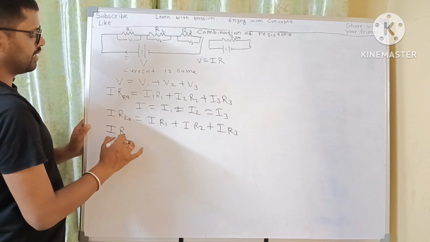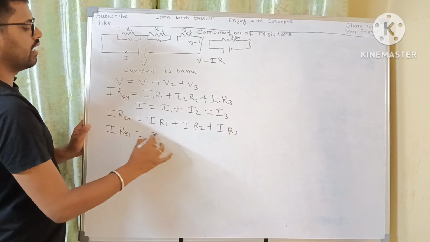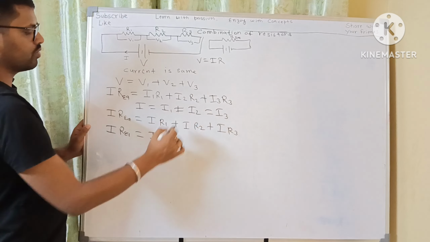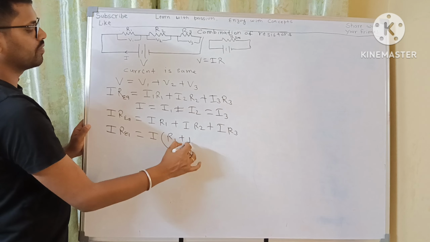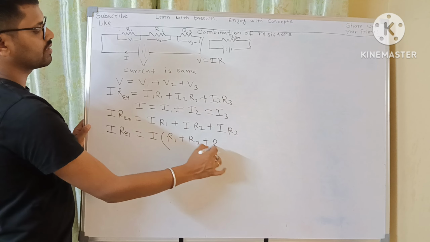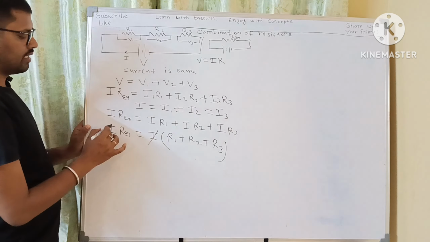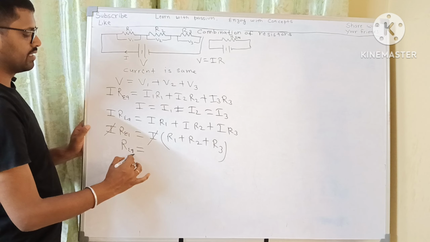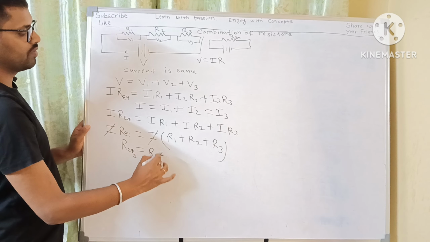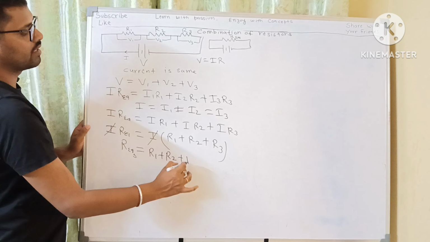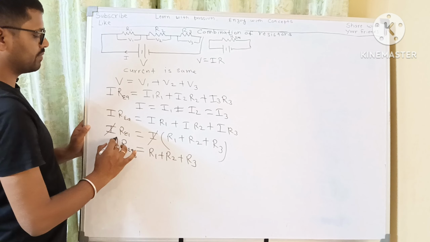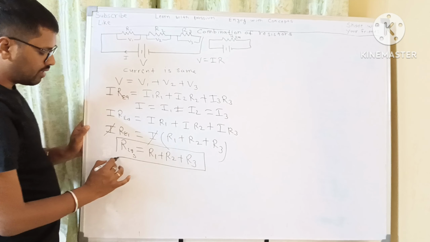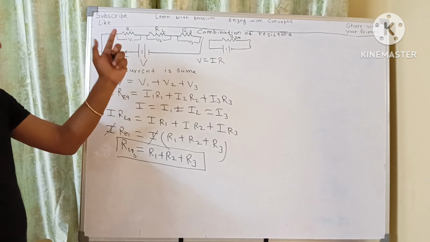Now I R equivalent is equals to I, you take common because current is equal, times R1 plus R2 plus R3. Now I cancels, so R equivalent in series is equals to R1 plus R2 plus R3. This is the expression for equivalent resistor in series.